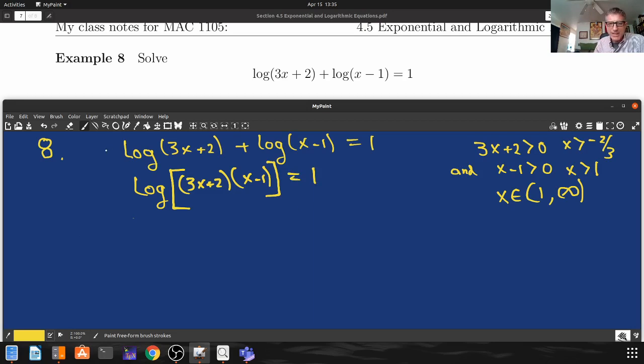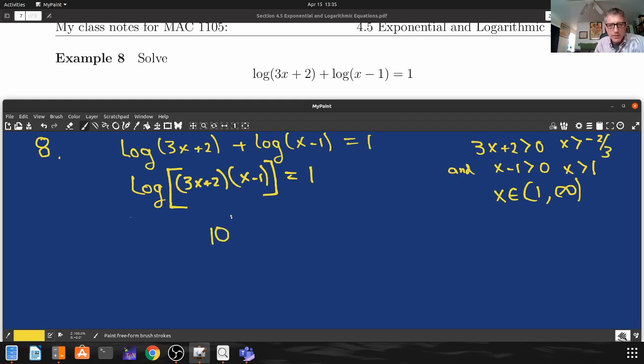So the easy way to take care of this is I've got a log of something is equal to 1. So again, the base here, the unspoken base, is 10. So this implies 10 to the first power is equal to this right here.